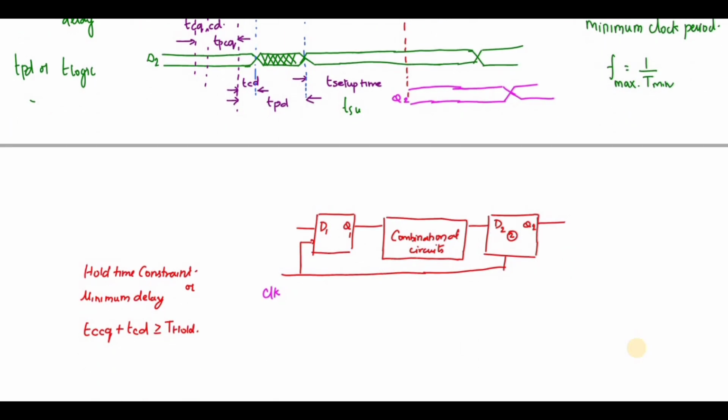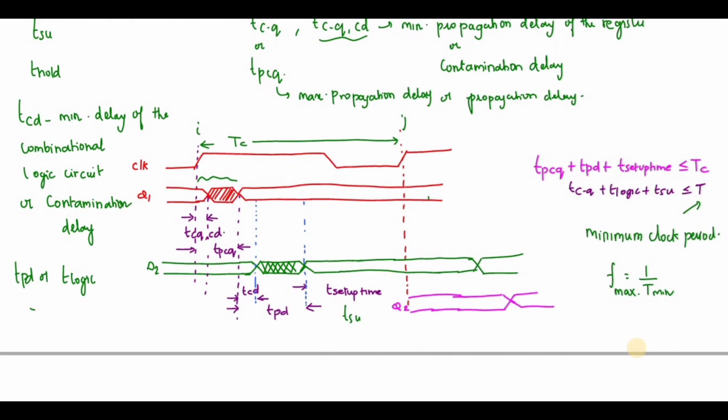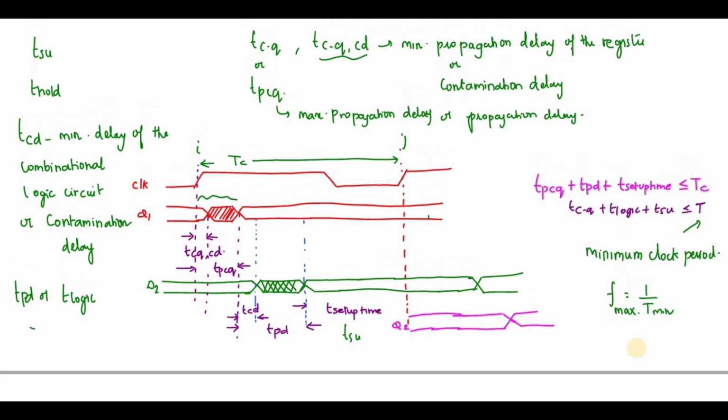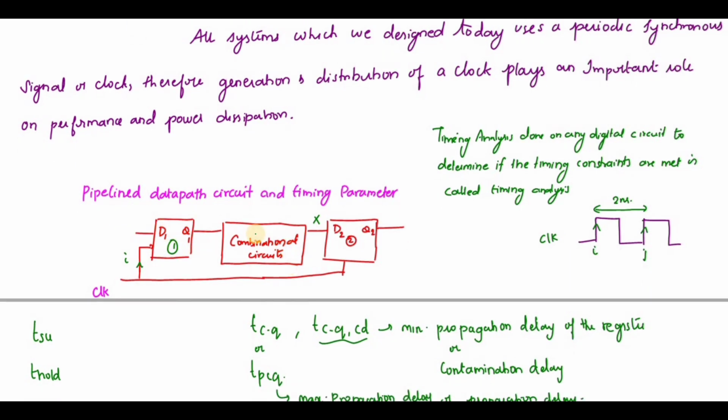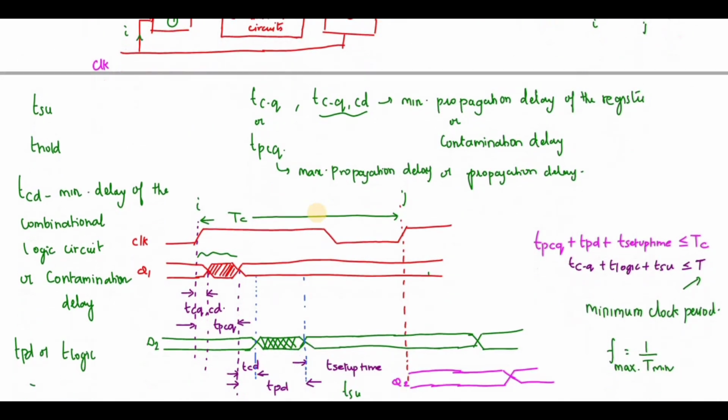So the hold time constraint is: if this is the next value, since initially it is passing this X value, if I am not holding the data of this register, and the combinational circuit's D1 will be readily available during the rising edge of the clock at J.